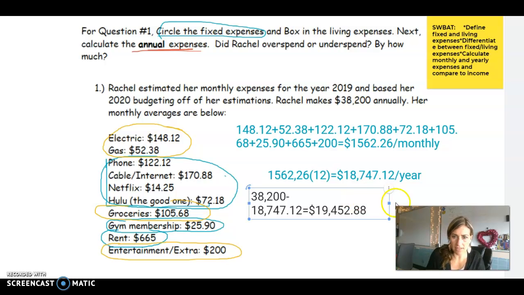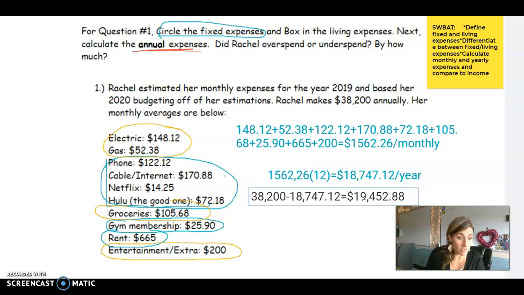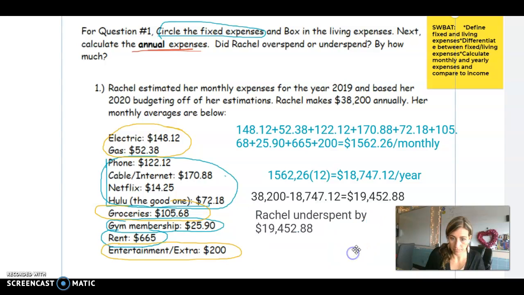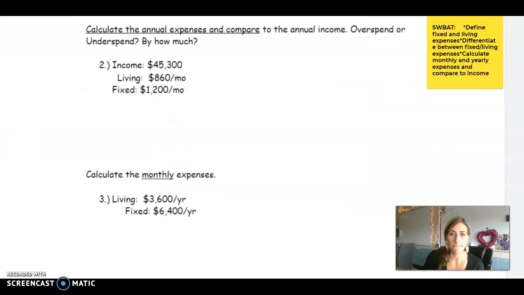And then it says, did she overspend or underspend? So let's answer that. She definitely underspent by that $19,452.88. All right, we're good to go. Moving on.